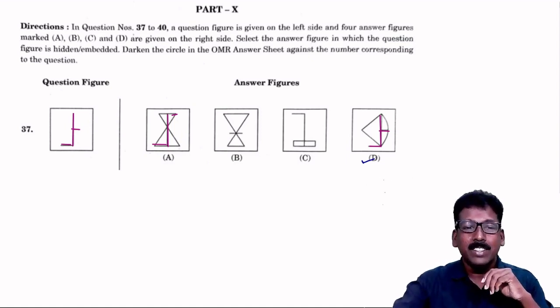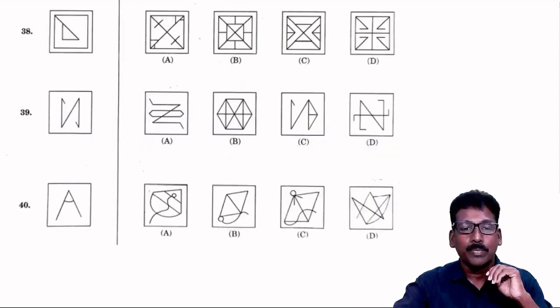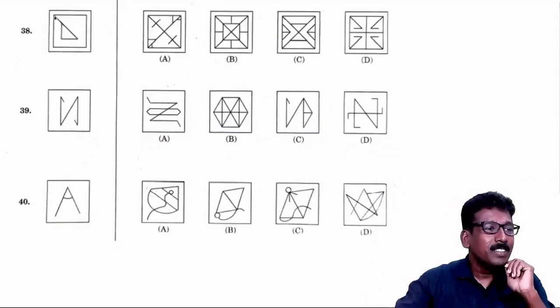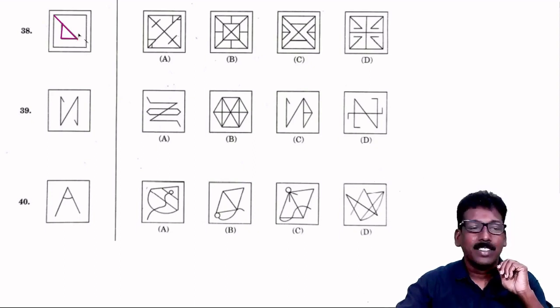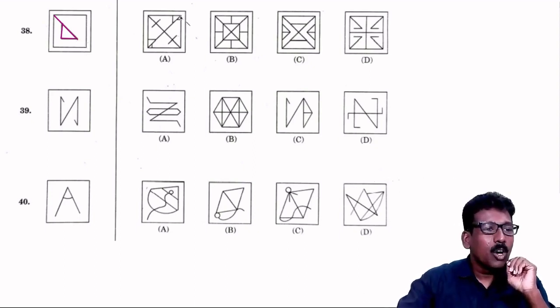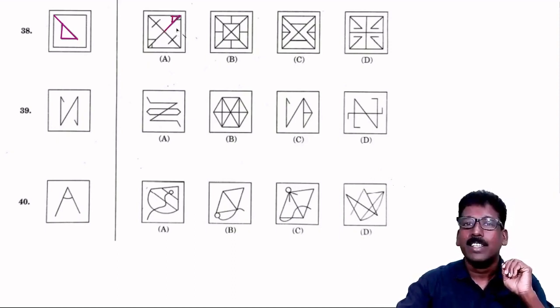Now similarly, questions 38, 39 and 40, just check it out. Look here, a line segment and an acute angle triangle are there. Here you can see option A contains a line segment and an acute angle triangle.